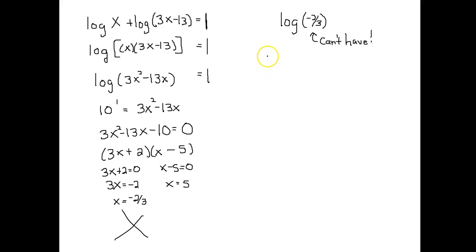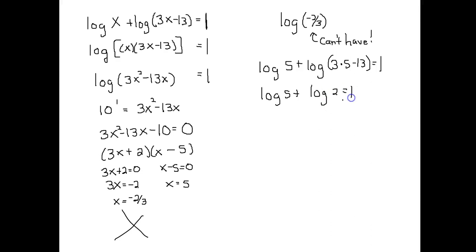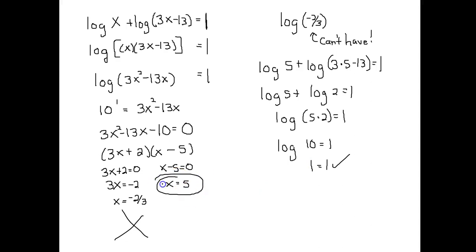So let me plug in 5, see what happens. So I've got log of 5 plus log of 2 equals 1. Or log of 5 times 2 equals 1. Well, log base 10 of 10 is 1. So that one checks out. So 5 is the only one that's going to be a solution. So x equals 5.